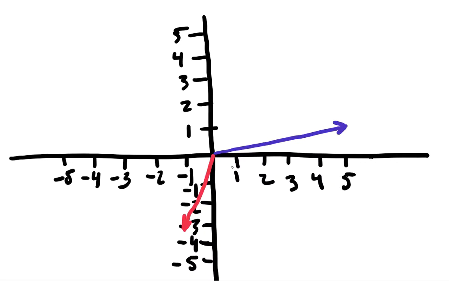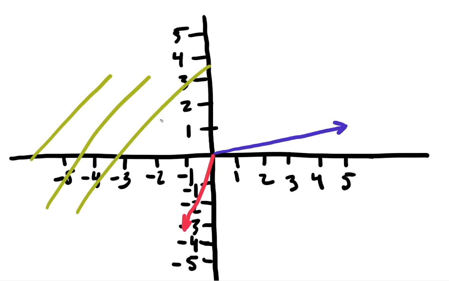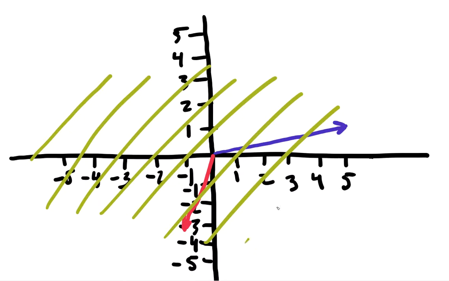In other words, you can take linear combinations of these two vectors, and essentially any linear combination of those two vectors can give you any vector in R2. Basically, if I take this vector and add this vector, I just get this vector right here.